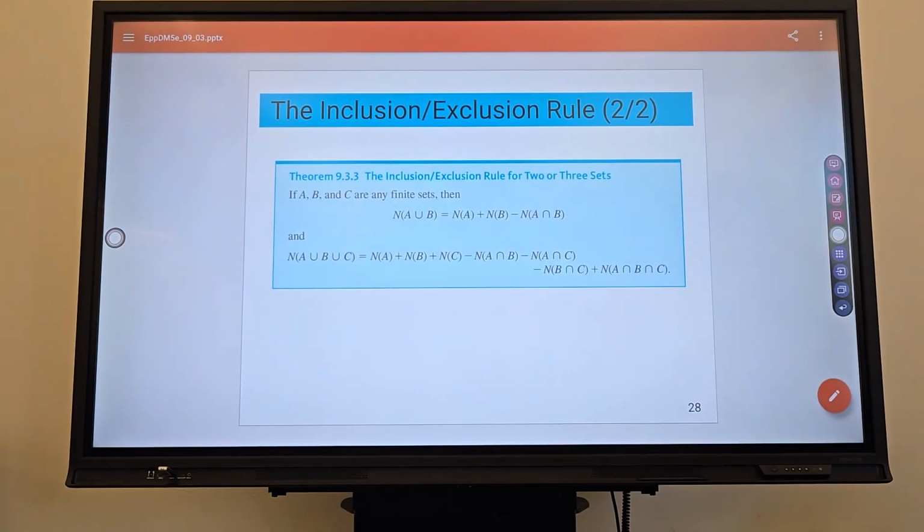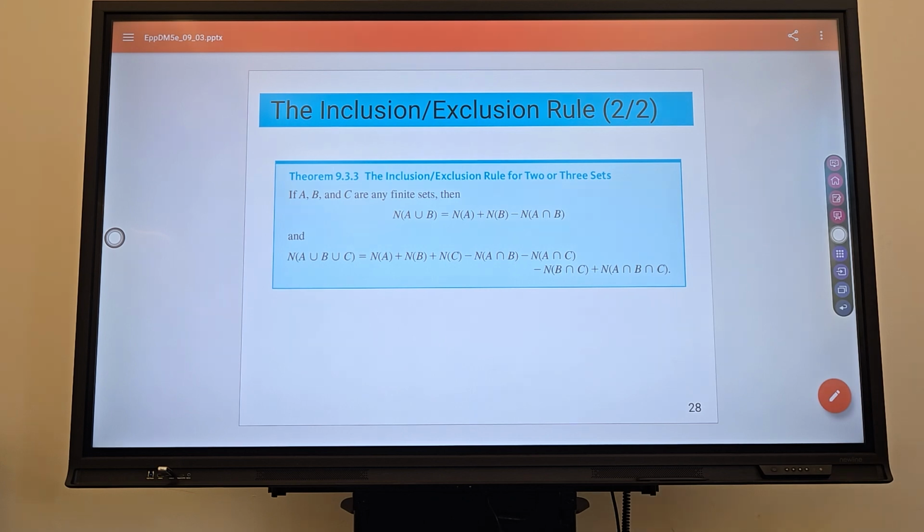So, if A and B are any finite sets, then the number of elements in the union of A and B is equal to the number of elements in A plus the number of elements in B minus the number of elements that are in both A and B. The reason is that if you just add the number of elements of A and B together, the elements that are in both get counted twice.